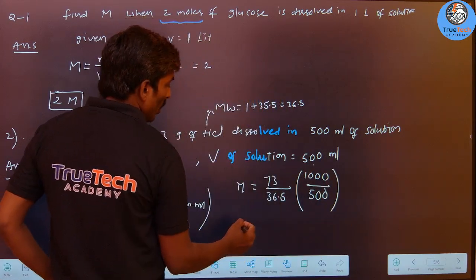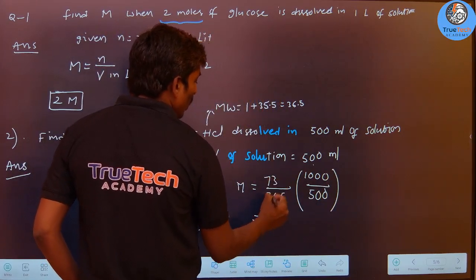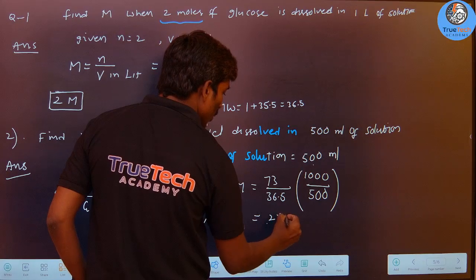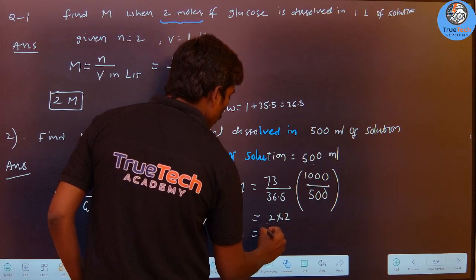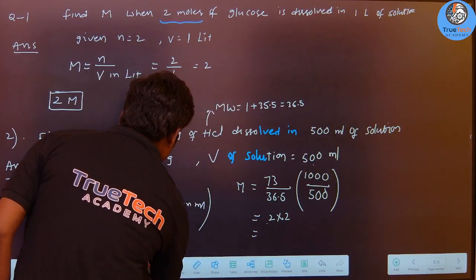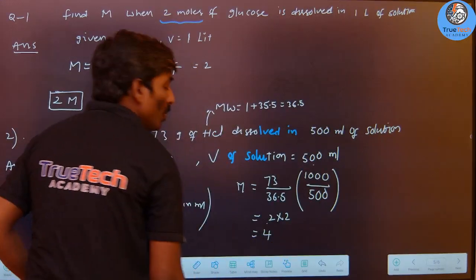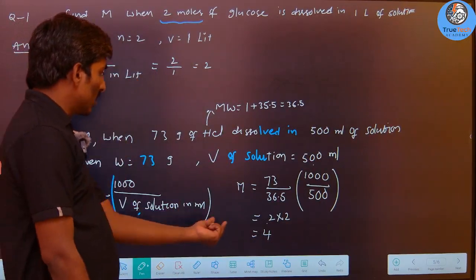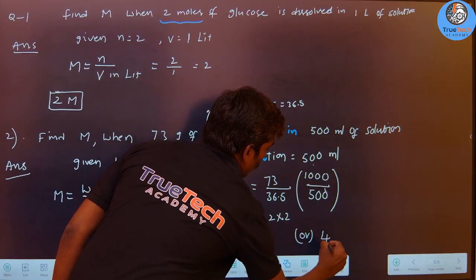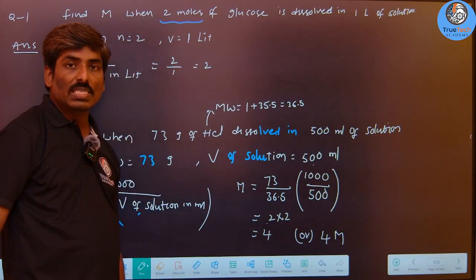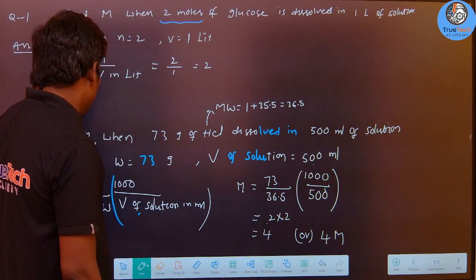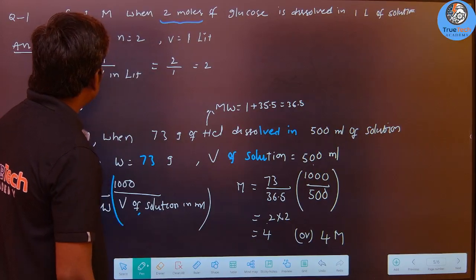If you observe properly here, it is 2 times, and it is also 2 times. So total how much? 4. So the molarity is 4, represented like this: 4M. So this is how molarity is calculated.